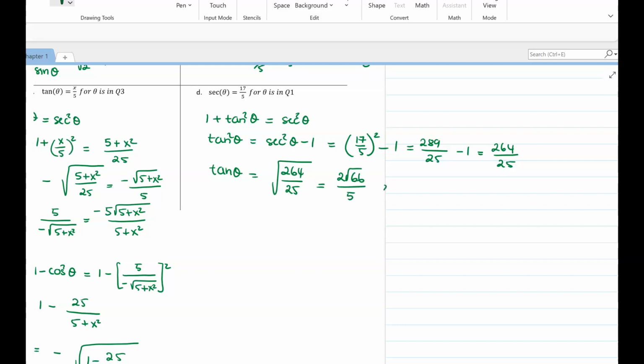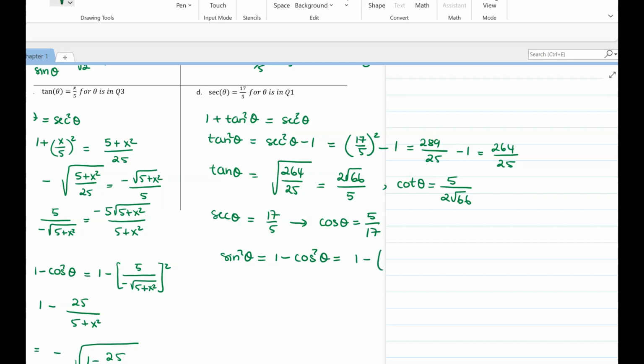Then we have cotangent of theta equal to 5 divided by 2 root 66. Secant of theta equal to 17 over 5. This means cosine of theta equals 5 over 17. So then sine squared of theta equals 1 minus cosine squared of theta, equal to 1 minus 5 over 17 squared.